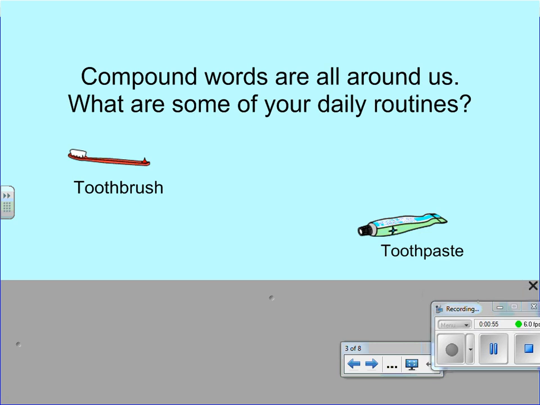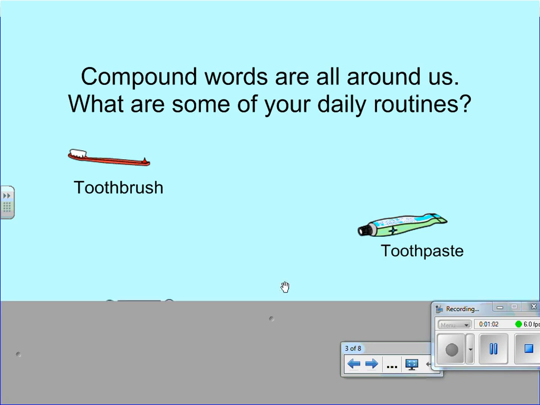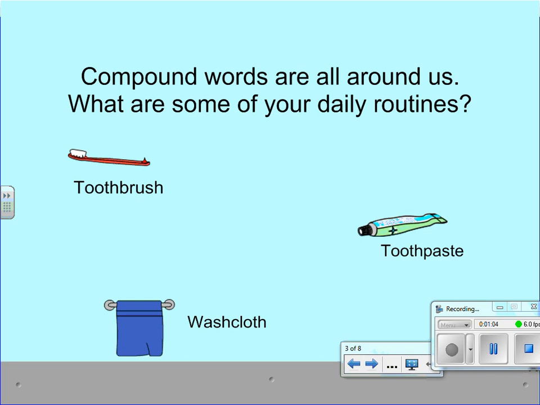Toothpaste is a compound word. Maybe after brushing your teeth, you would wipe your mouth off with a washcloth. Washcloth is also a compound word. Wow, during your morning routine, you use three compound words: toothbrush, toothpaste, and washcloth.